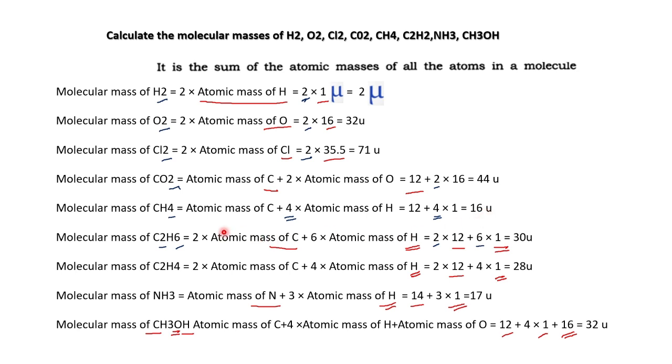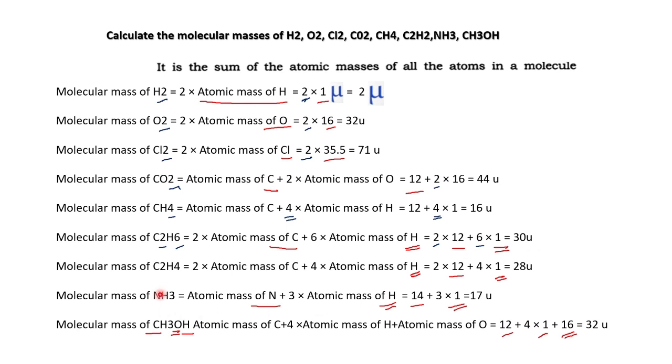Here C2H6 will be carbon again 12. C2 represents 2 carbon atoms, so multiply by 2, that is 24, plus 1 into 6, so 24 plus 6 is 30 mu.